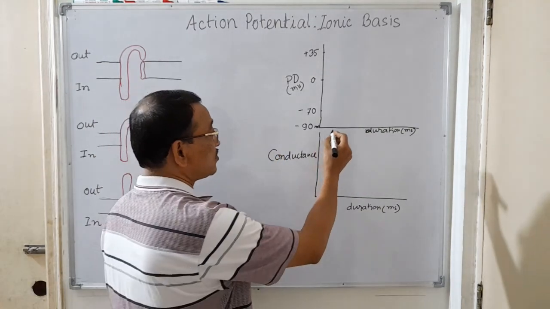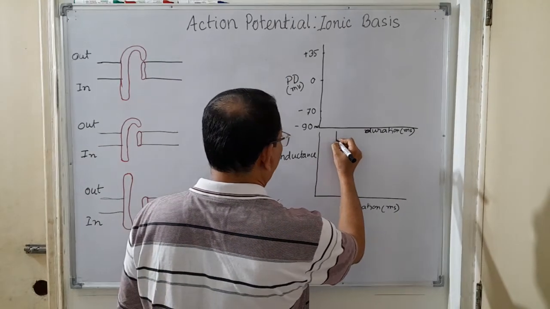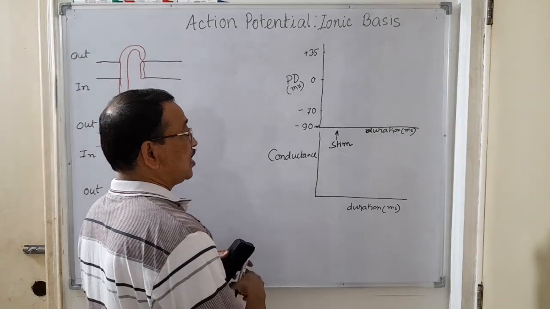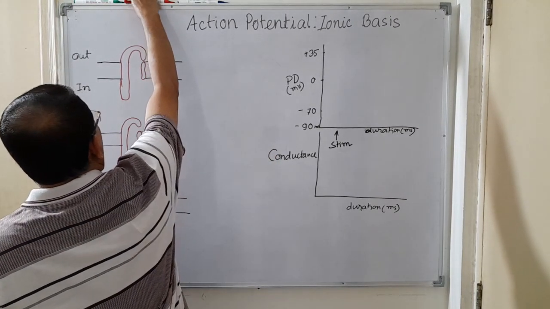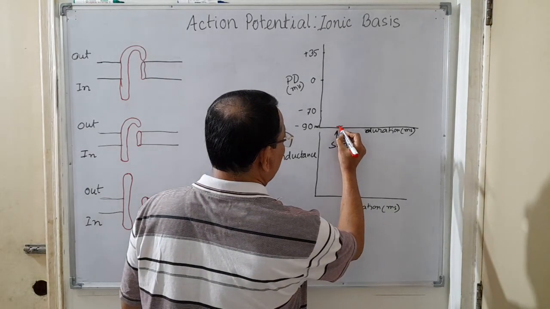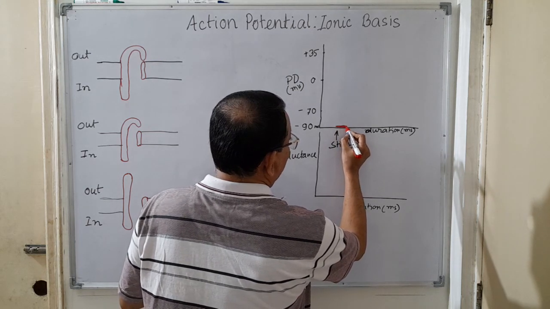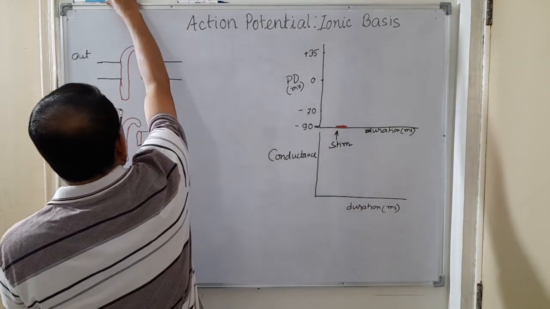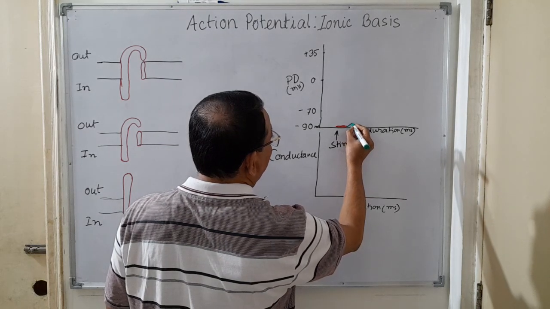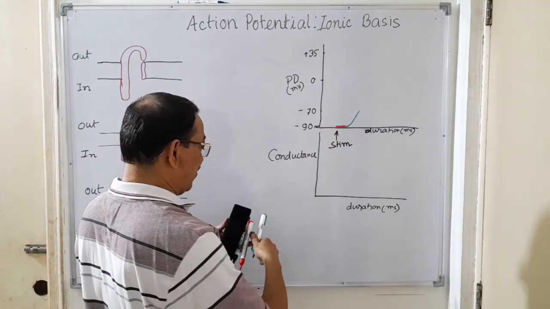So there I told, suppose a stimulus of threshold intensity is given at this level. After a brief latent period, there is a gradual fall of the inside electronegativity up to a level known as the firing level.